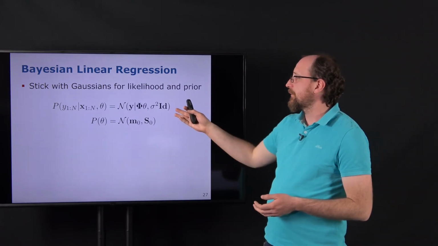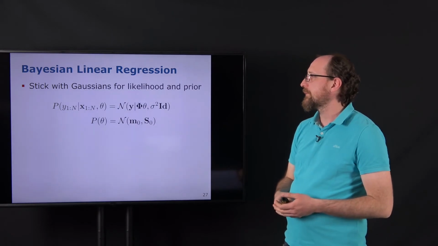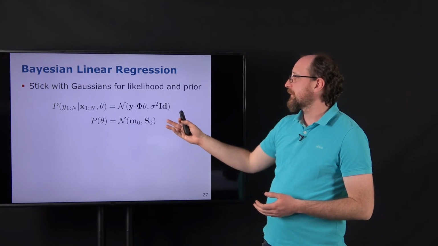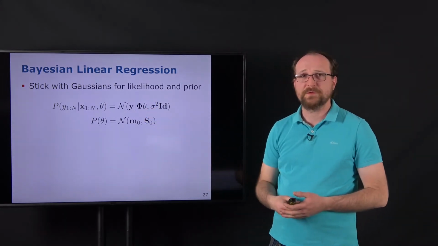Therefore we have a multivariate normal distribution where the mean is given by phi times theta, our functional representation.